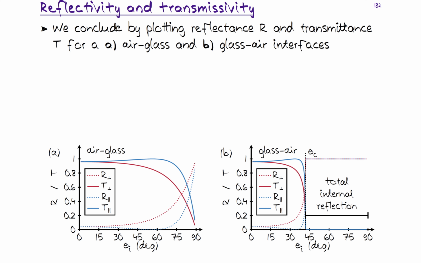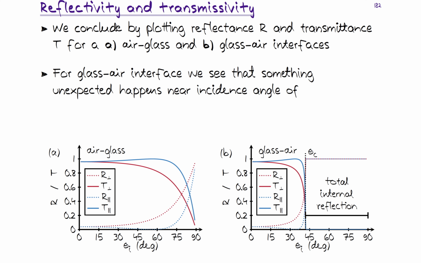And of course, that will be the main topic of the next lecture, so I do not speak that much about it. But conceptually, what I can see is that something strange happens near this critical angle theta C, and that's for the air-glass scenario where the refractive index of glass has been taken to be 1.5. It's close to 42 degrees.